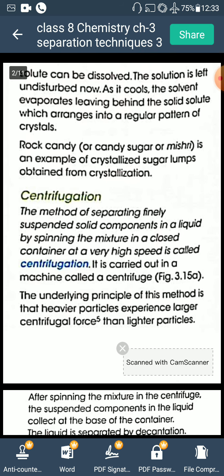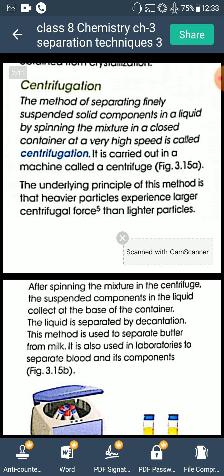The next separation technique is centrifugation. So what is centrifugation? It is the method of separating finely suspended solid components in a liquid by spinning the mixture in a closed container at a very high speed.